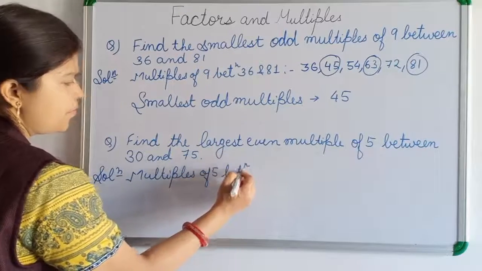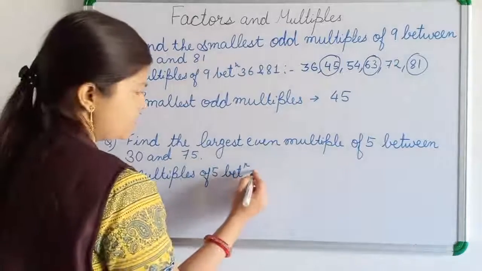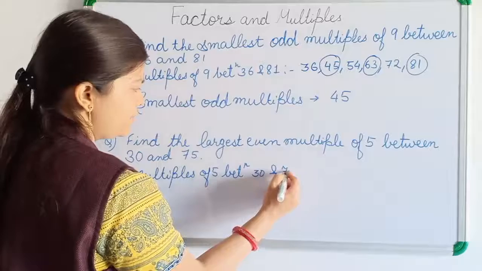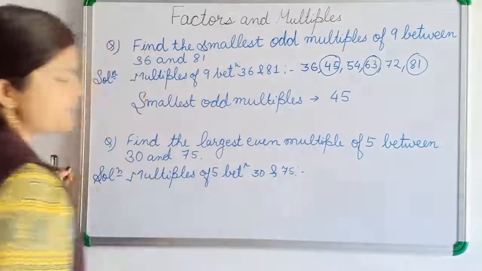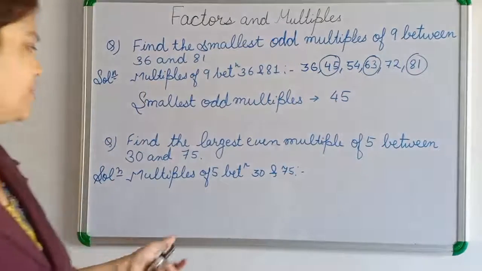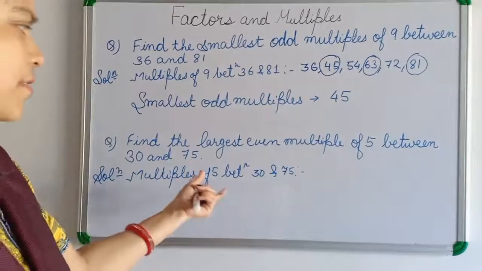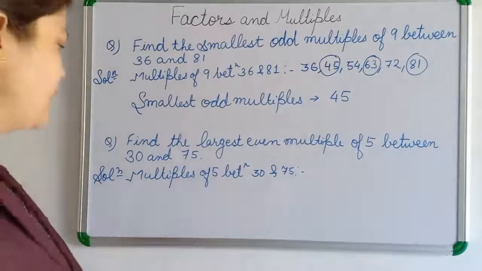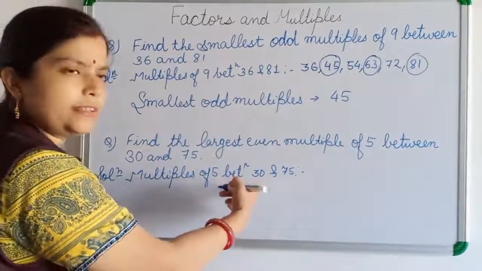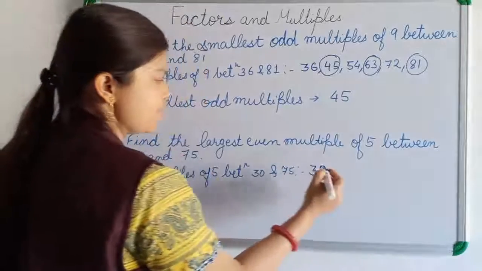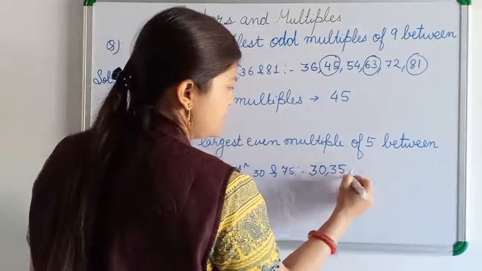This is a short form of between 30 and 75, because I am having less space, that's why I am using short form. So here we will write all the multiples of 5 between 30 and 75. We know that 5 sixes are 30. So we will start from 30, then 5 sevens are 35, like that only.